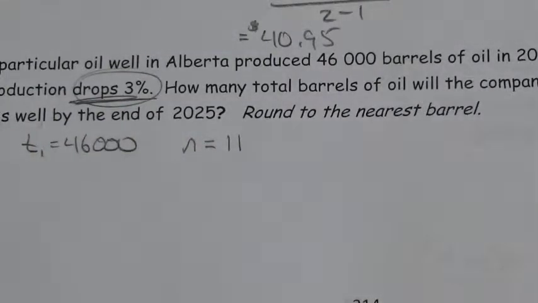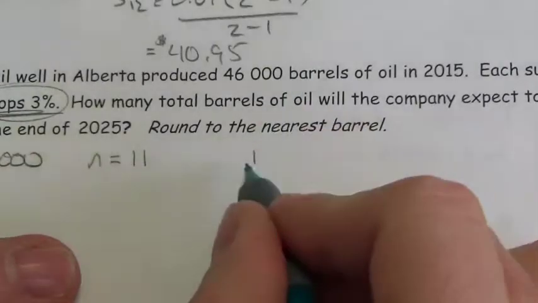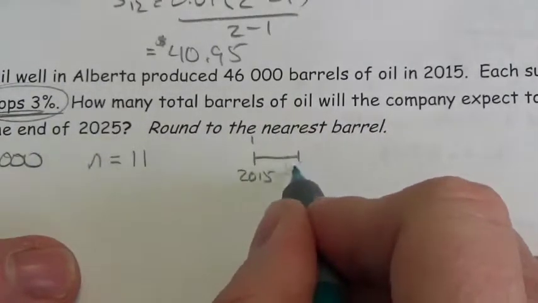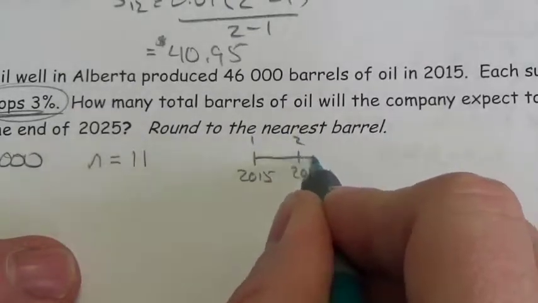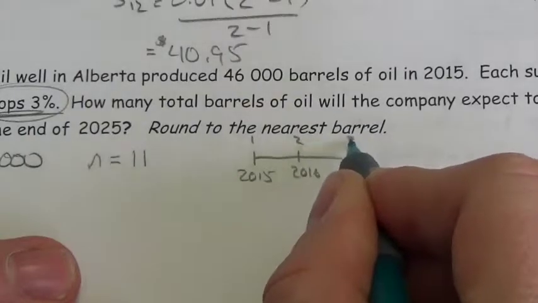And I promise you, there are going to be all sorts of people who get so close to the right answer on a question like this, but because they forget that the number of years does not match up with the way we're numbering the terms, there's going to be a mistake. So again, just to illustrate, here's 2015. That is term 1. 2016 is term 2. 2017 is term 3.